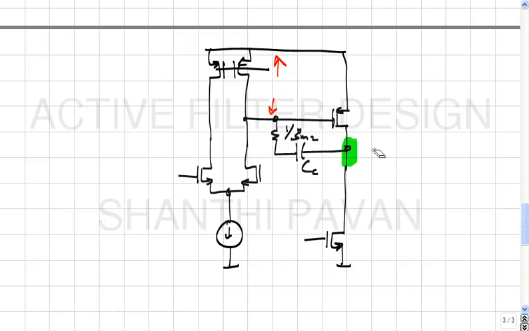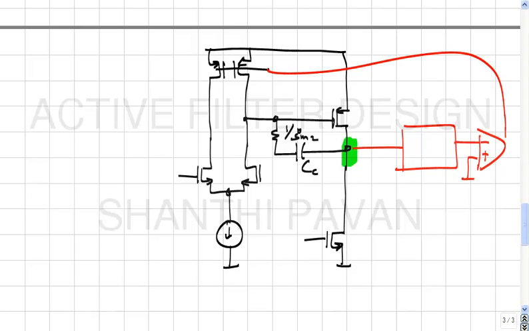So, one strategy could be to avoid the bother of having 2 common mode feedback loops and do this: sense the common mode, then use an error amp with the proper sign and go and tweak that voltage.